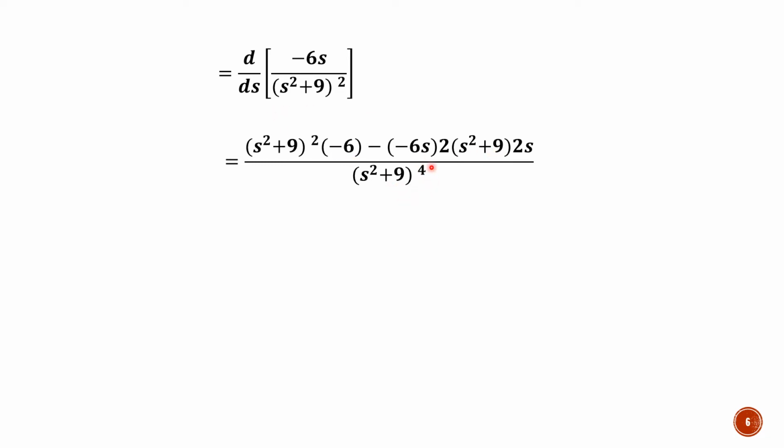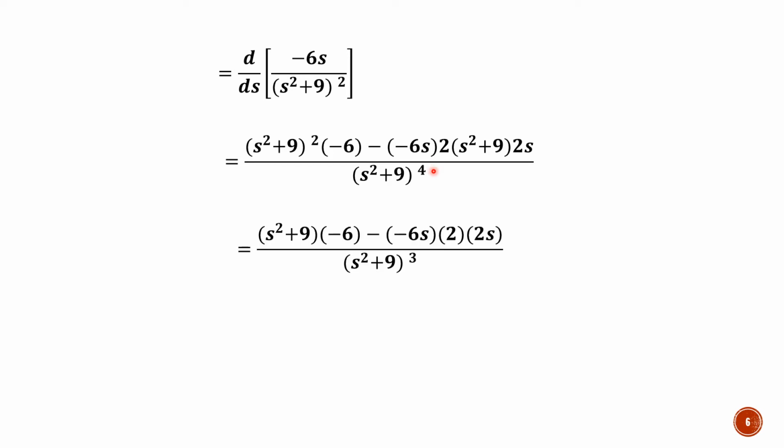So we can cancel s square plus 9 throughout, so that the remaining terms will be s square plus 9 into minus 6, minus of minus 6s, into 2 into 2s upon s square plus 9 the whole cube, because we are cancelling one s square plus 9. So it's better to cancel one s square plus 9 so that we can simplify it easily.